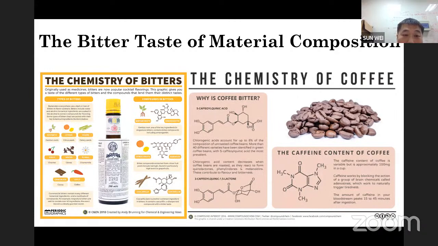For example, gentian roots contain key bitter compounds called amarogentin, and the bitter compounds extracted from citrus fruit peels include naringin, a flavonoid compound. Another example is diterpenoids, and caffeine also tastes bitter.